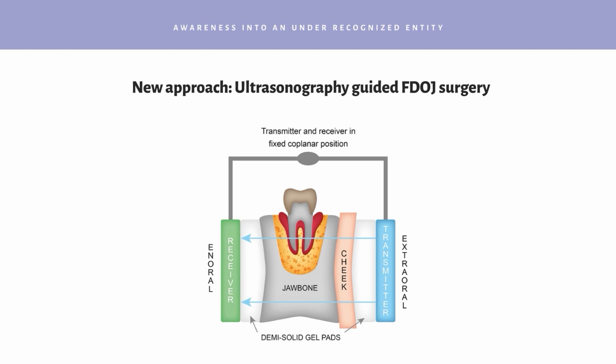The sender from the outside is sending the ultrasound waves through the cheek, through the bone, and the receptor has about 96 piezoelectric sensitive areas, and they measure the attenuation of the sound going through solid substance, which is better, and the attenuation is higher for the ultrasound going through liquid or fatty tissue.